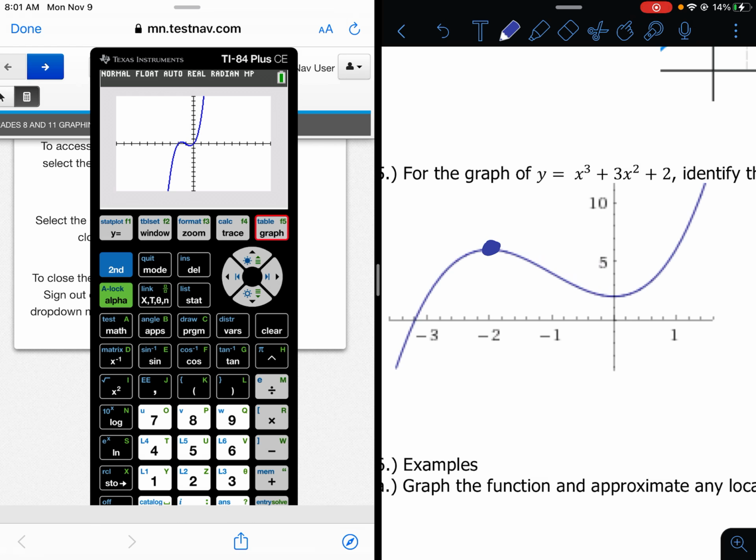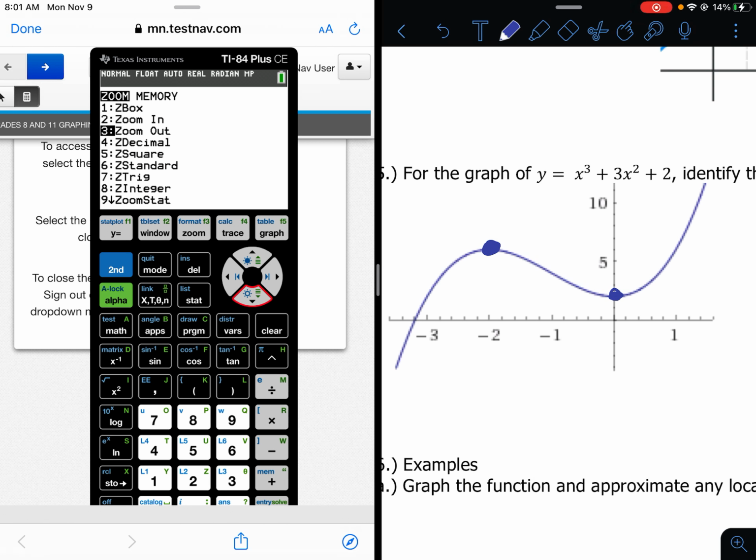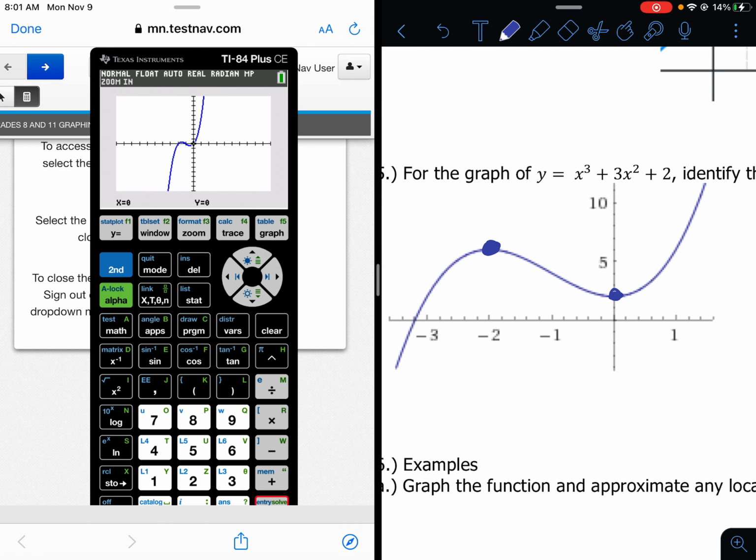It's the highest point of that hump, and then the local minimum would be somewhere over here, the lowest point of that dip. That's essentially what you're doing when you're finding local maximum. To get this a little bit closer and easier to see, I'm going to zoom in right there.